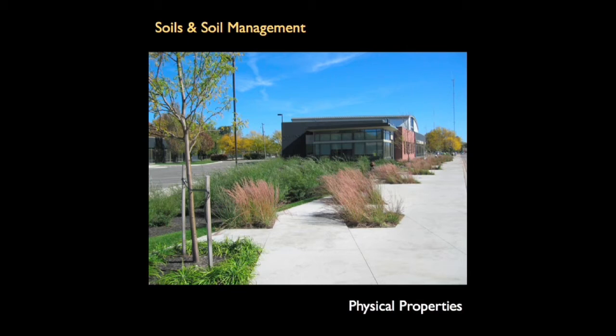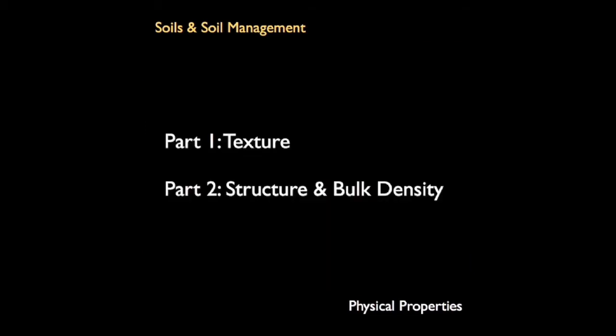Oftentimes, physical characteristics, such as drainage and aeration, are the most critical ones for long-term performance of such plants. So an understanding of these properties of soil cannot be overemphasized. This unit is divided into two parts. The first deals with soil texture, and the second with structure and bulk density.